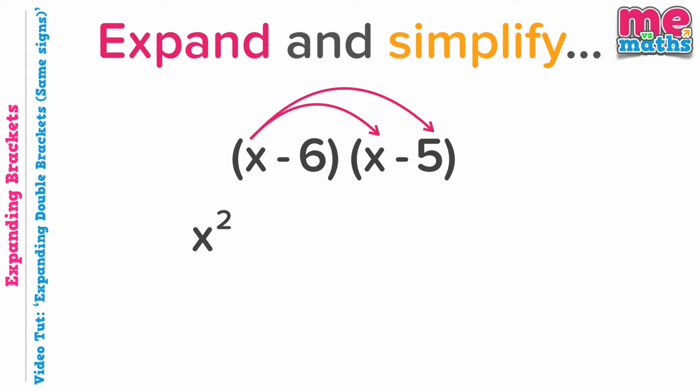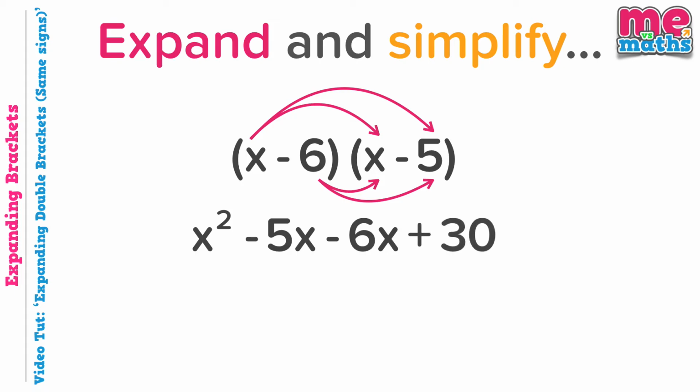So the next part of our expanded expression will be minus 5x. Now we'll multiply minus 6 by x, which is minus 6x. And finally, we have to multiply the minus 5 by minus 6. Remember here, a negative times a negative gives a positive answer, so we actually get plus 30 at the end.